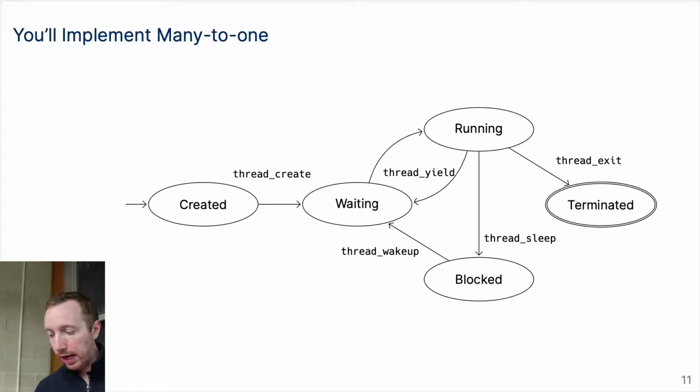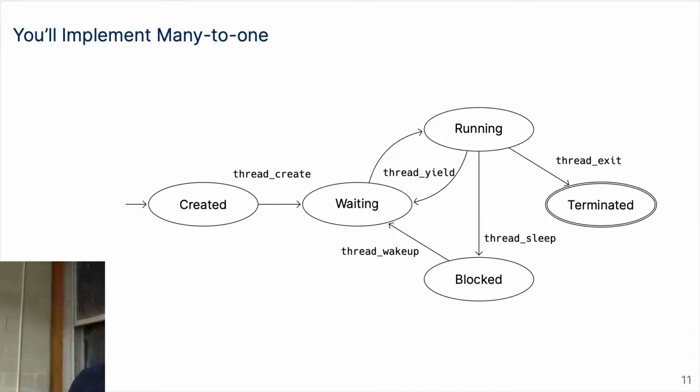Then your scheduler, which is not going to be terribly sophisticated, is responsible for taking tasks from waiting to running. The easiest thing to do is pick the thread at the front of the queue, like a line at Disney World, where it gets to ride next. So that would be the thread to run.